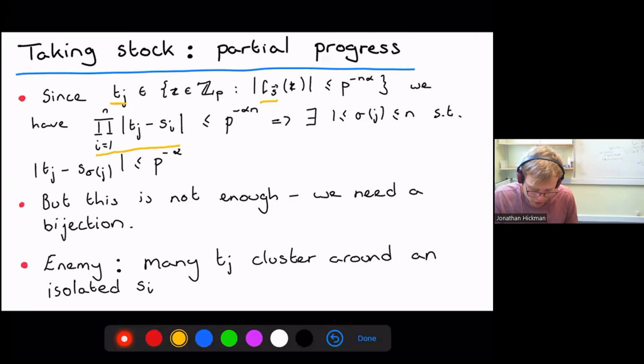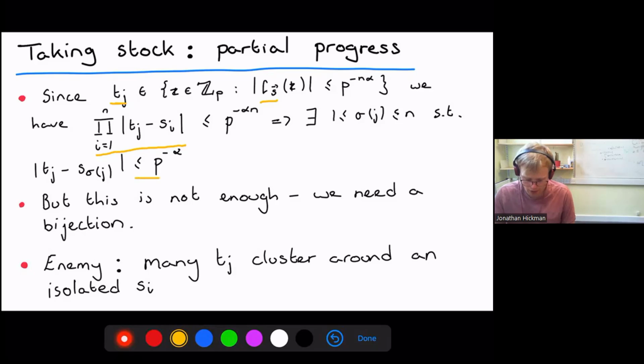So if we write down the definition of the polynomial, this means this product of the differences between our fixed t_j and the s_i's is bounded by p to the minus n alpha. Now, because there are n factors in this product, we immediately observe that there must be some index, let's call it sigma j, such that t_j is close to s_sigma(j). So the difference between t_j and s_sigma(j) in absolute value is less than p to the minus alpha.